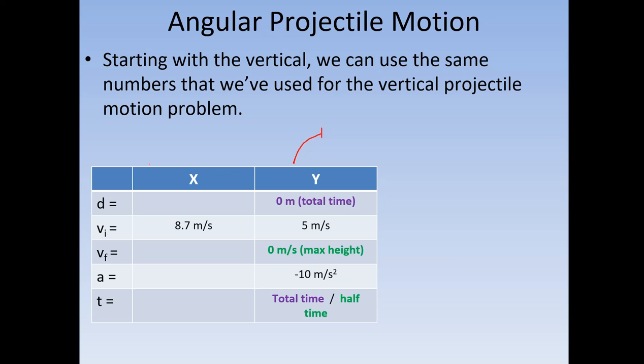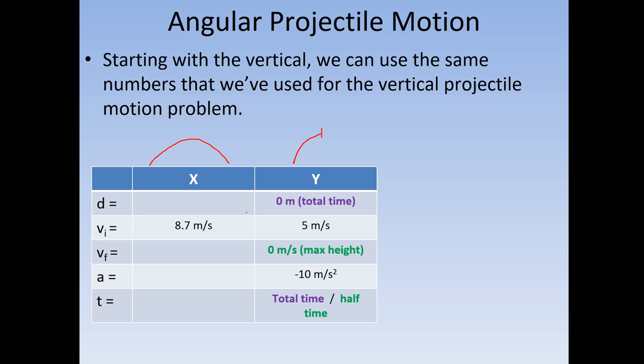And then in the X column, they'll talk about it going up and down and landing. If you're doing something like this, where it's going only to max height, you have to remember that the time in this column when you use max height only gives you half of the time because you're only looking at half of the picture. But over here, if they say something about wanting to know where it lands, you have to recognize that this requires the full time.